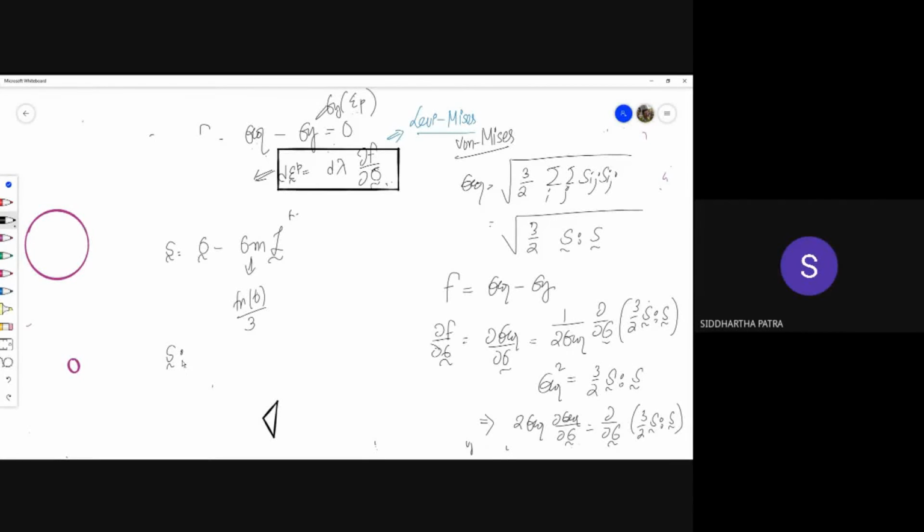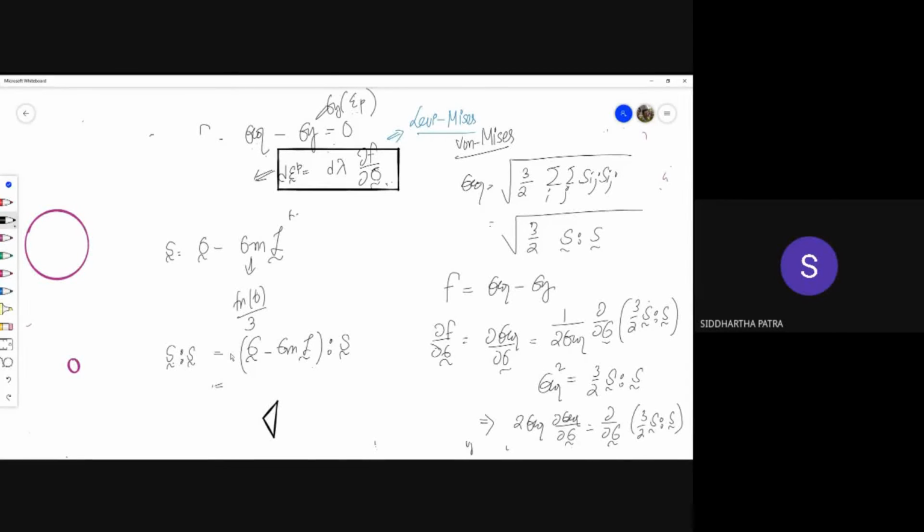Now S inner product S is actually sigma minus sigma m times I, inner product S. I'm just replacing one of the S's with this expression.